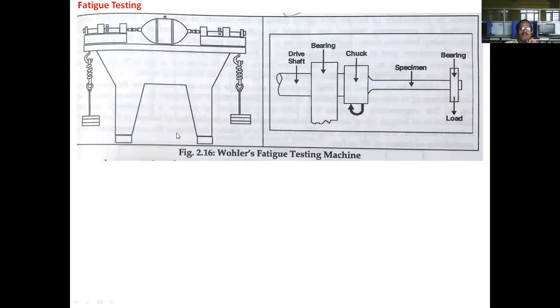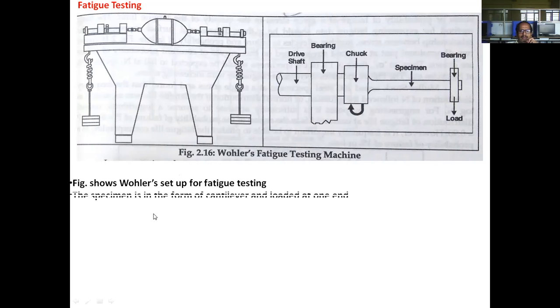So this is the experimental setup for fatigue testing. This is called a rotating fatigue testing machine. The specimen is in the form of a cantilever and loaded at the end, as shown here. We have two setups, one from this side and another from this side, and a machine to rotate the specimen.